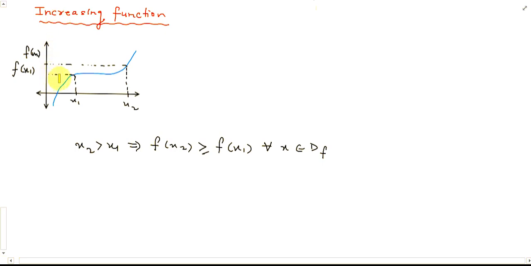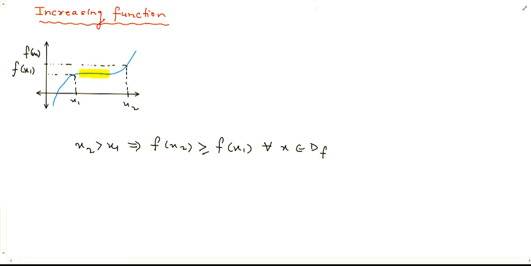Now let's try to understand this statement, why we have taken the equal to sign here. We can have the value f of x2 greater than f of x1 or f of x2 equal to f of x1. Now if we focus on this region, for any x, f of x2 is equal to f of x1. The values are going to be equal for different x in this region.